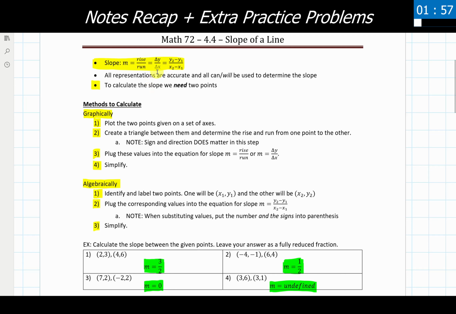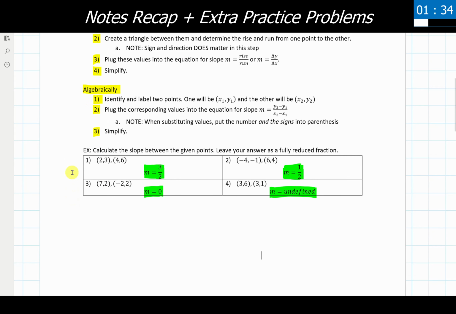Regardless of the form that we are working with, or whether we are calculating the slope graphically or algebraically, we need at least 2 points to be able to calculate the slope of a line. And with that, we had our method to solve these things graphically, our method to go through these things algebraically, and our 4 examples that went along with that.